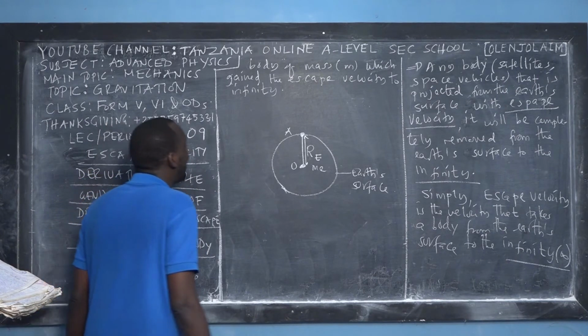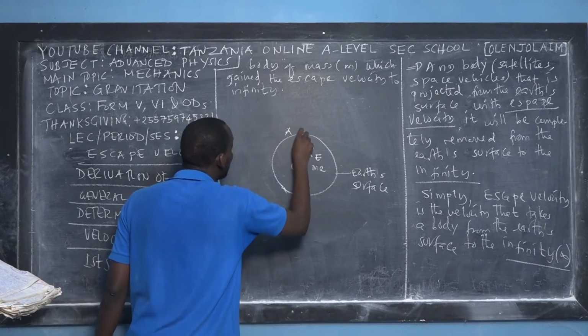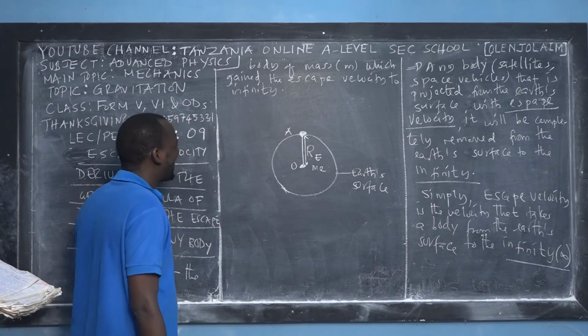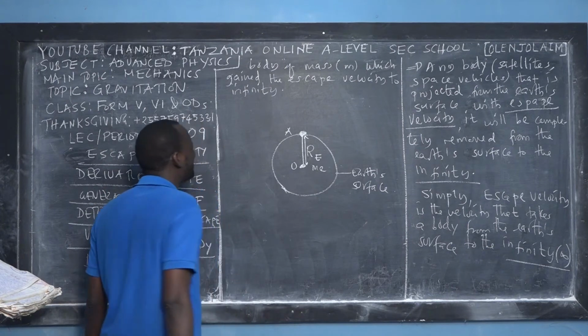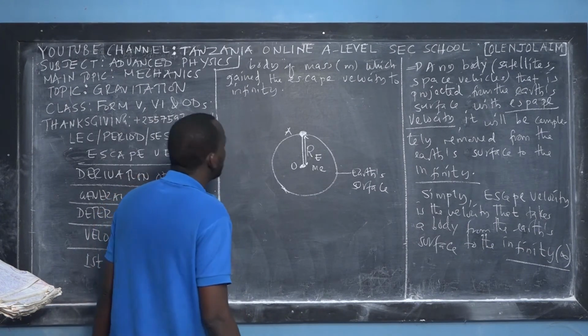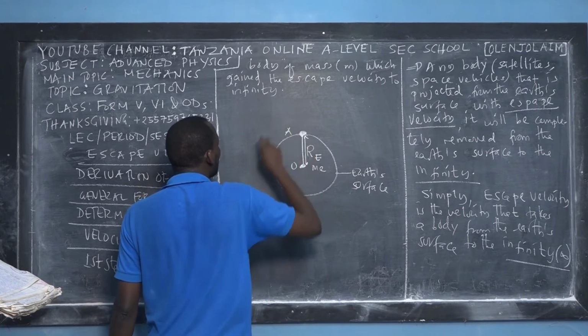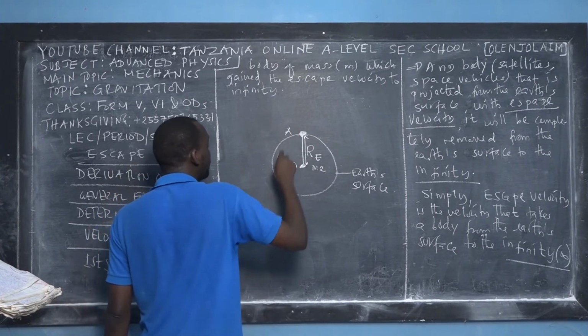Now, at this point, we want to give the escape velocity to the body, at the distance r e from the S surface. We give its initial velocity, and it will be removed to the infinity.